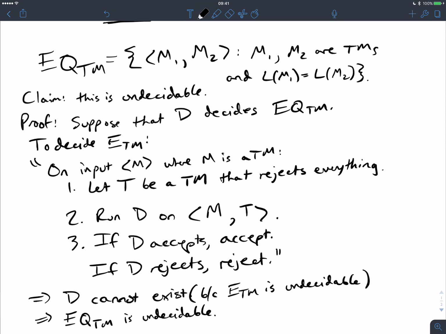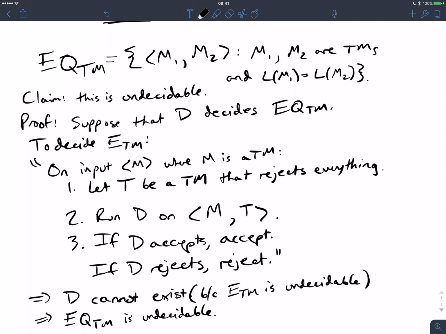Like for instance, if I did ALLTM, where I test if the input Turing machine's language has every string in it, then in this case, I would have T be a Turing machine that accepts everything. It's just those two possibilities I'm mapping, so it's called mapping reducibility for that reason. I'm mapping those two outcomes to what the supposed decider is going to say.